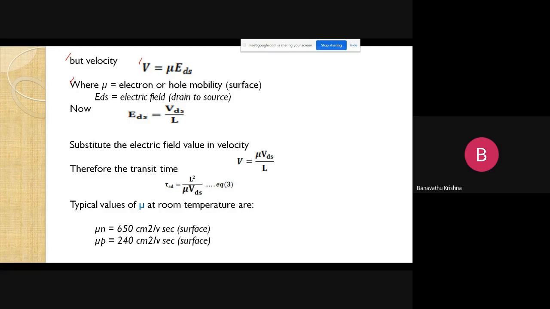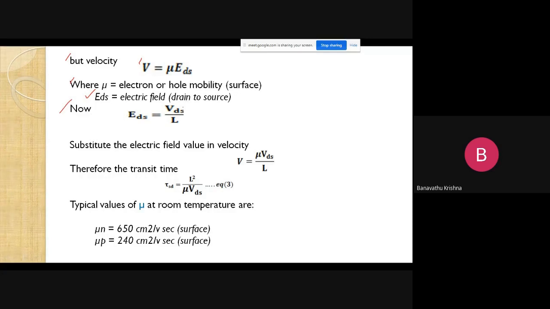Next, EDS is the electric field induced in the channel between source and drain due to the gate voltage. EDS is the electric field from drain to source. Now we want to find this EDS.